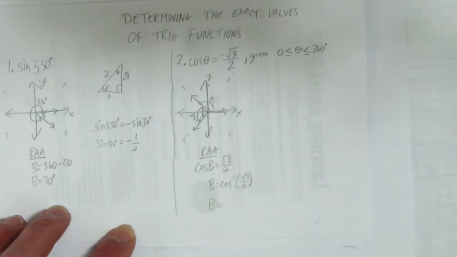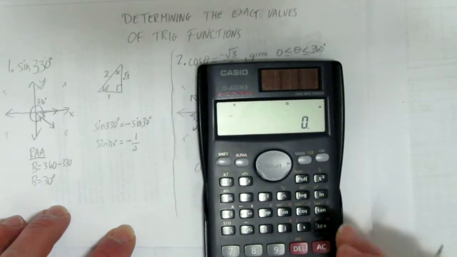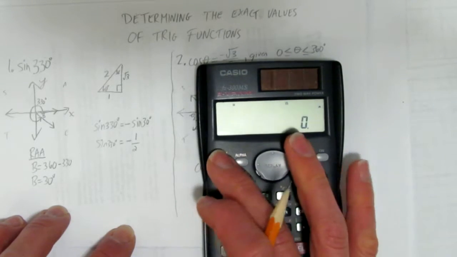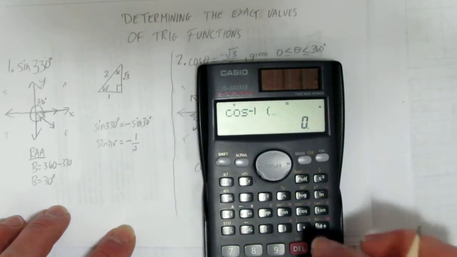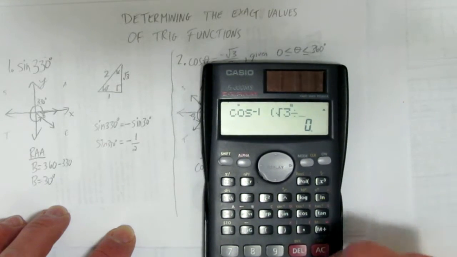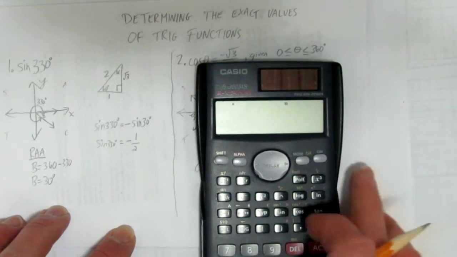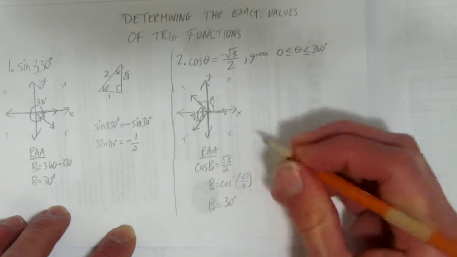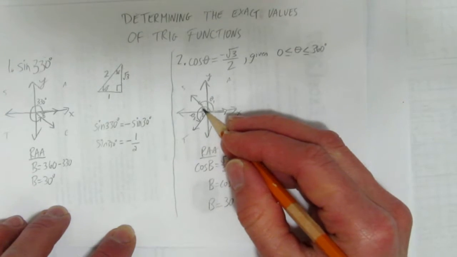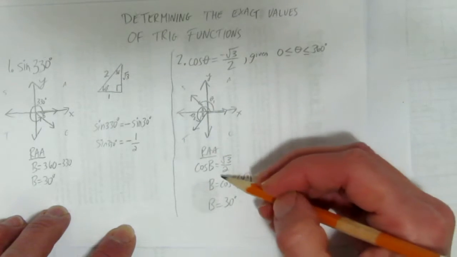So let's use our calculator. What's the inverse cos or shift cosine? It gives you cos to the power of -1 root 3 divided by 2, and I get 30 degrees. So my angle inside this triangle is 30 degrees. Sketch is done. Related acute angle done.